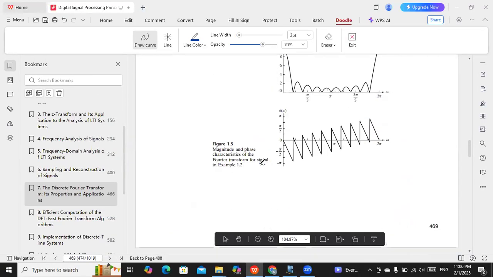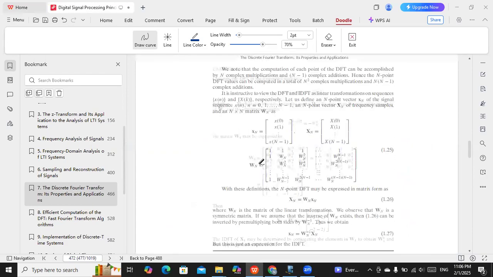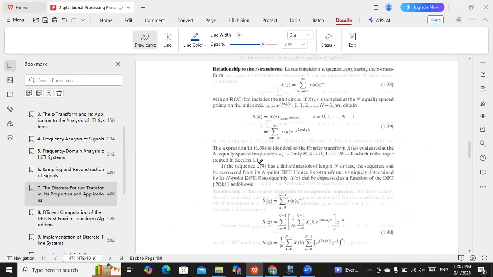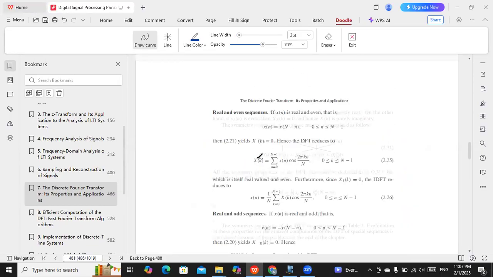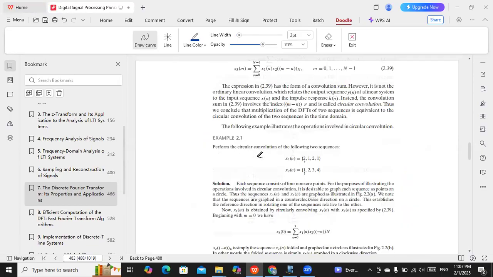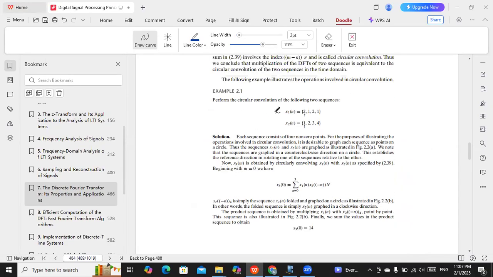That question I showed you. Where is that question? This one. Here you are asked to find the circular convolution of these two. I will explain how to do this, then you can do it.